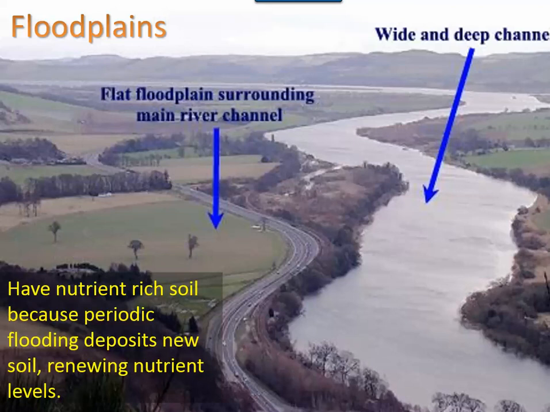So basically you're taking an area where you may have been farming, and if you've been farming there for a while, the soil may be getting depleted of nutrients, but then that flood comes along and deposits new soil with new nutrients from areas that haven't been formerly farmed. So it's a great way to renew the nutrient level of your dirt.